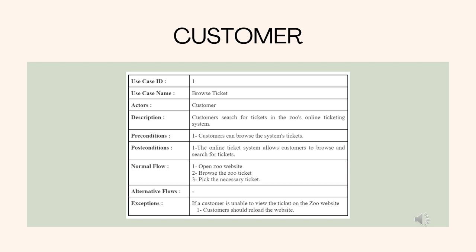Next, normal flow for browse ticket. First, open Zoo website and browse the Zoo ticket and pick the necessary ticket. Exception for browse ticket, if a customer is unable to view the ticket on the Zoo website, customer should reload the website.